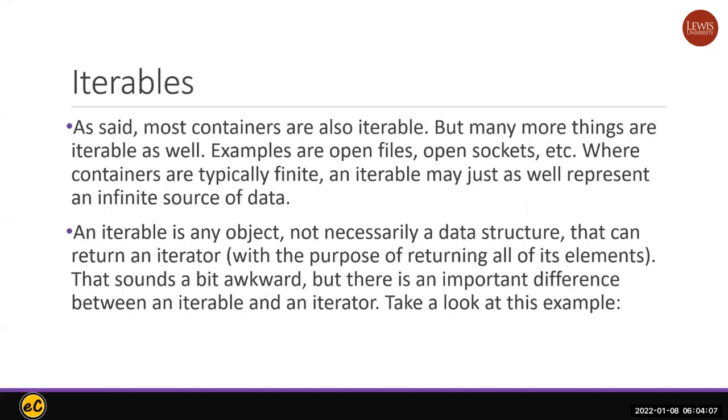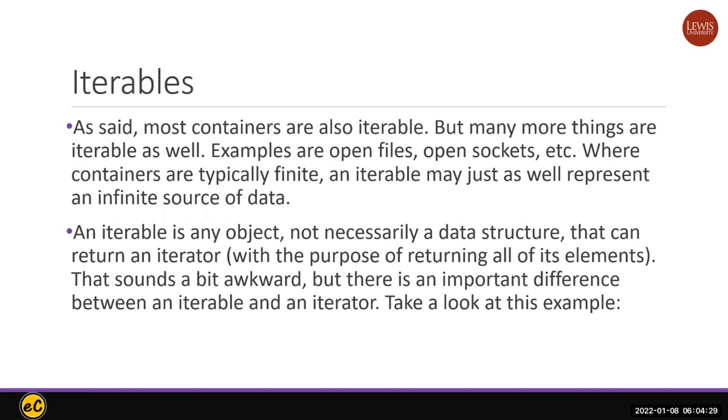Containers are sometimes iterable, sometimes not iterable. We would say most of the containers are iterable. Iterable is a container that you can use a pointer to point into. Sometimes iterable also means the data can be serialized, counted one by one.